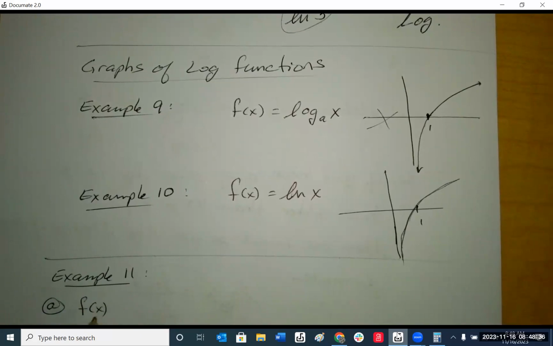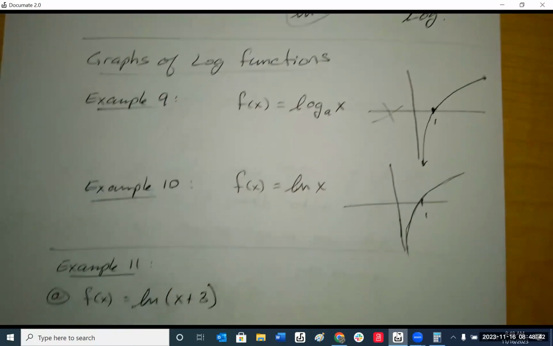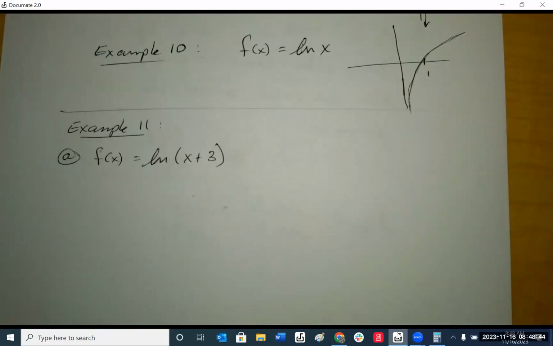Let's graph these functions. ln(x + 3). What's going to happen to this graph? Which one?